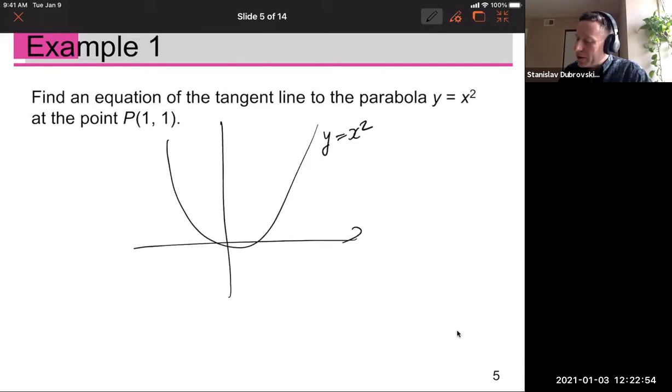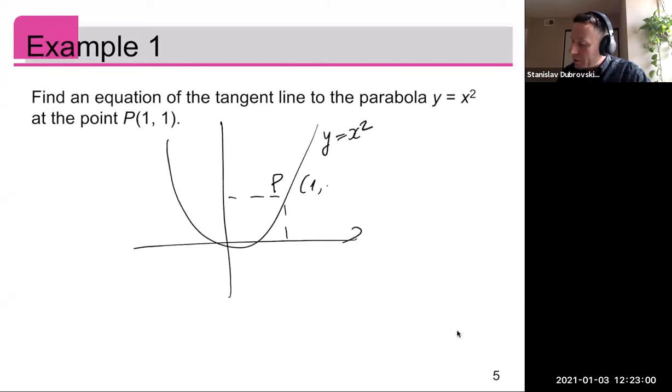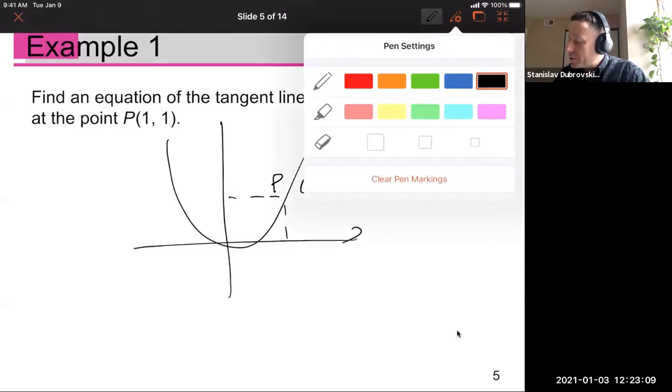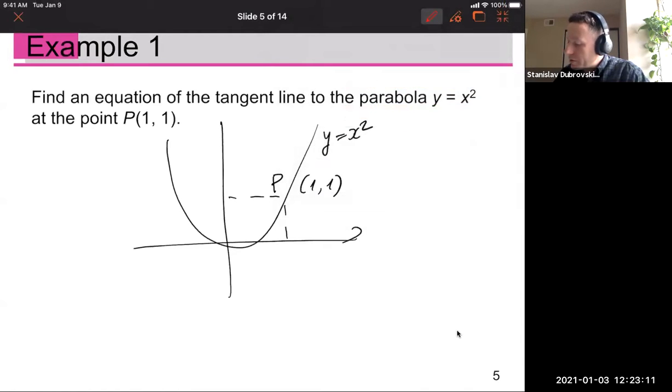We want to find it at the point P with coordinates (1, 1). It's pretty easy to draw, but we want to find an exact equation. If I were to draw it, it would look like this. But what's an equation of this tangent line? That's what we will attempt to find.